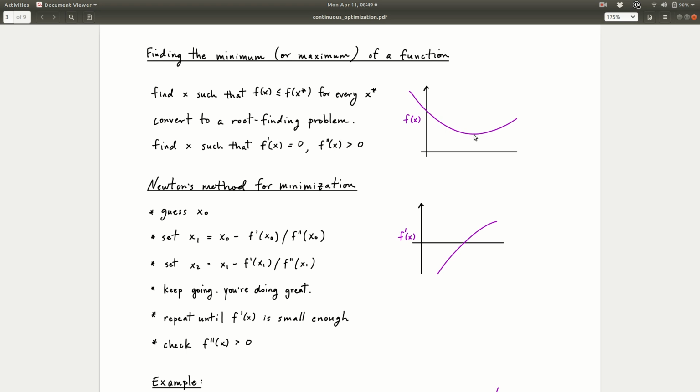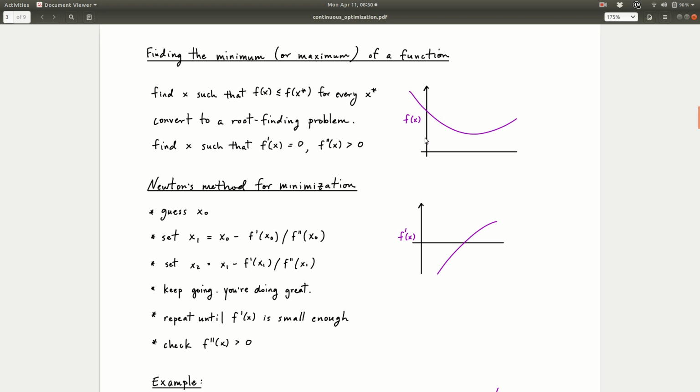So one way of solving this problem of finding the minimum or maximum of a function is to convert it to the root finding problem. So that's the reason we introduced the root finding problem first. The way that works is you find the x such that the derivative of f at x equals 0. And for the minimum, that would mean that the second derivative is positive.